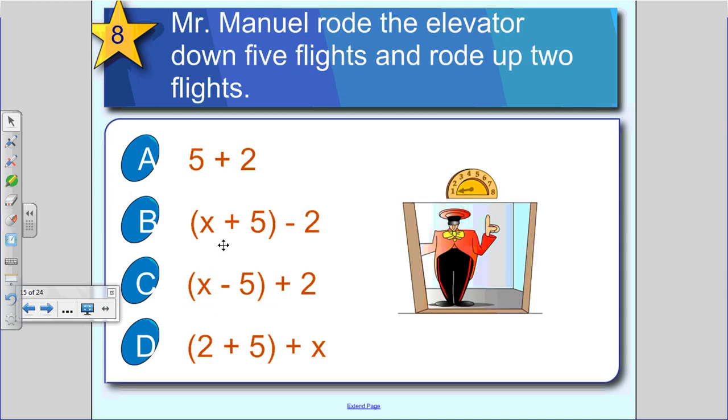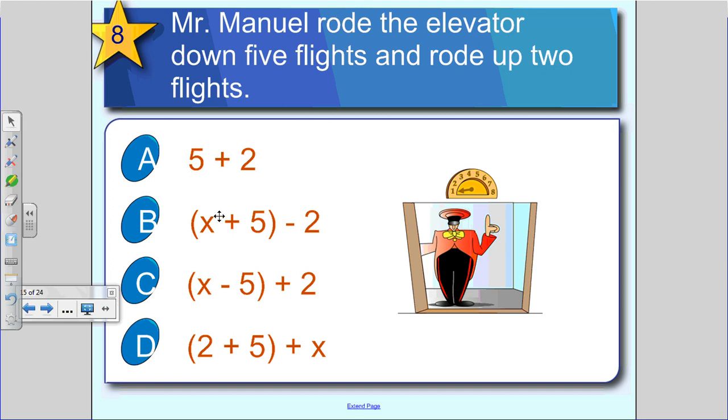Let's try this one. This might be a little more difficult. Mr. Manuel rode the elevator down 5 flights and then rode up 2 flights. What we don't know is where he started, which floor.